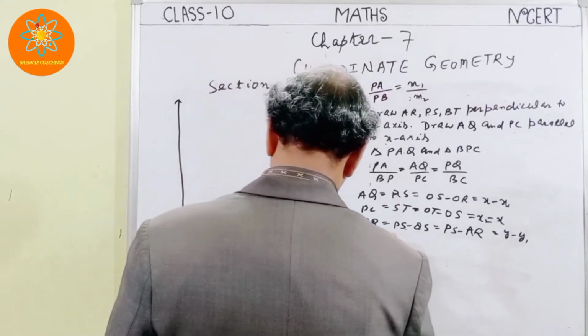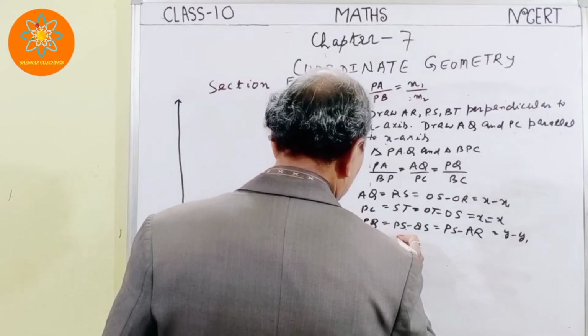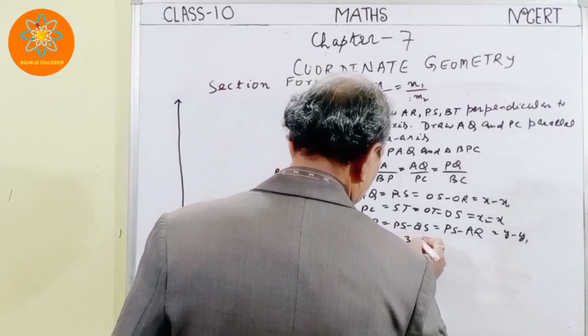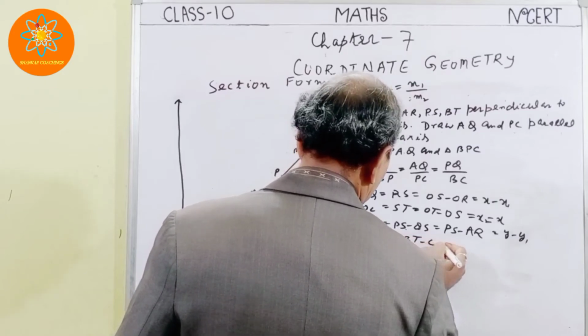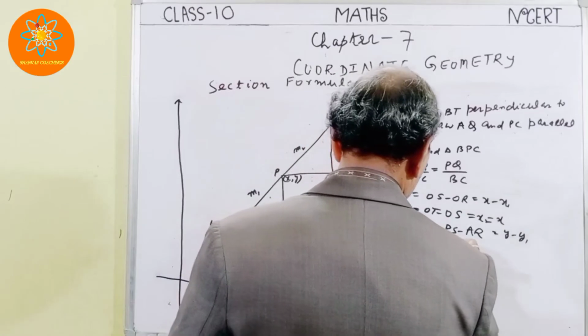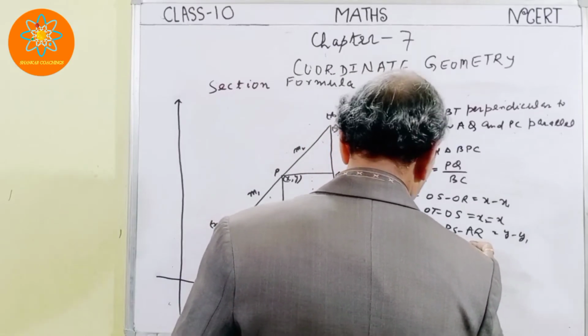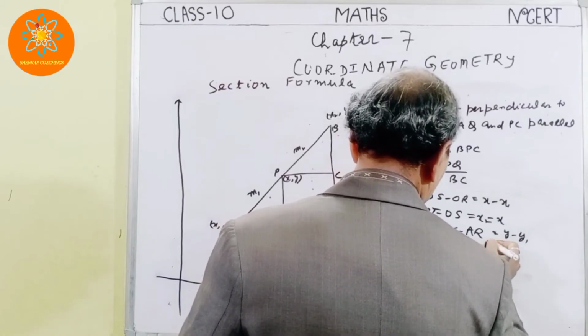Lastly, we have BC. So BC is equal to BT minus CT, which is equal to BT minus PS.